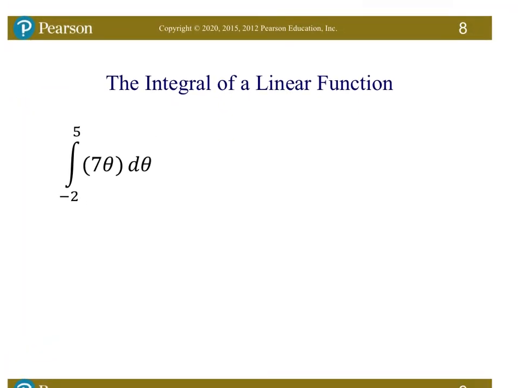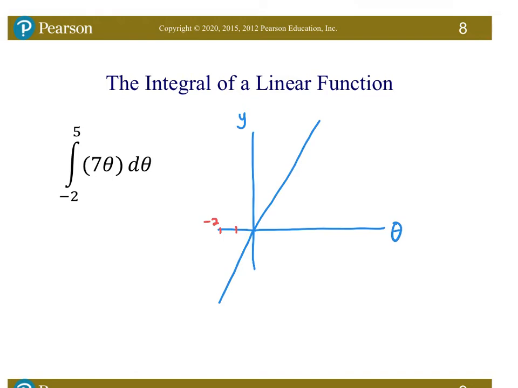All right, how about now if we specify from -2 to 5 of 7 theta. So this is the theta axis this time. 7 theta still looks like 7x did. And we are going from -2 to +5.